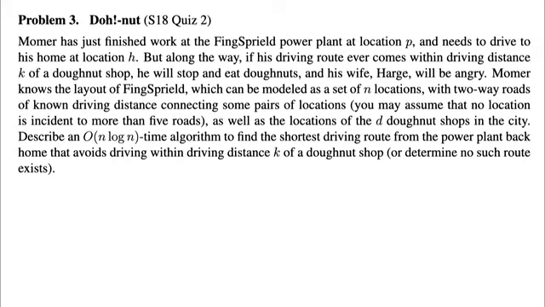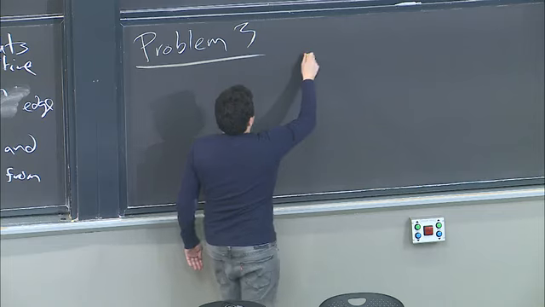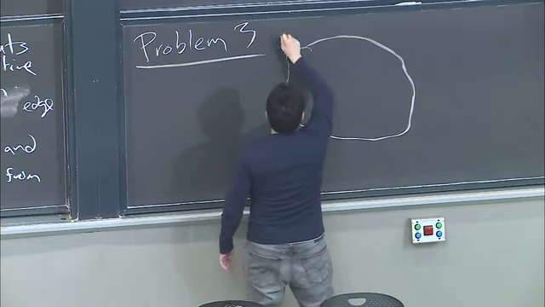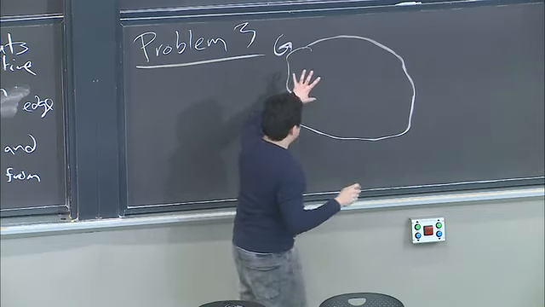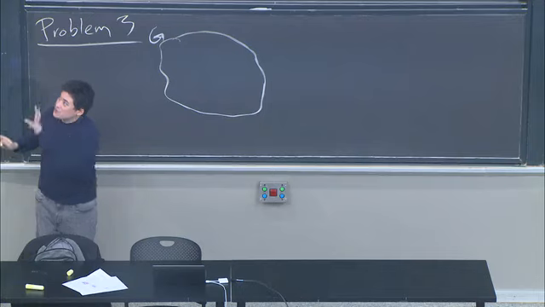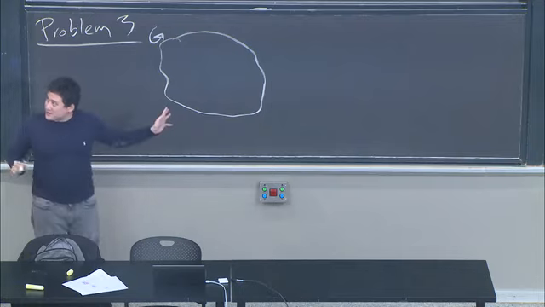So I look at n log n, and I'm like, hey, what has a log in it in this unit? Dijkstra? Maybe I can use Dijkstra. Okay, so let's see if we ran Dijkstra from P to H. This is a word problem, so there's no graph there, so I have to define a graph.